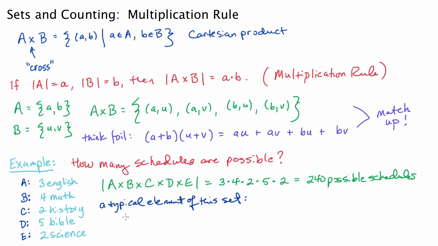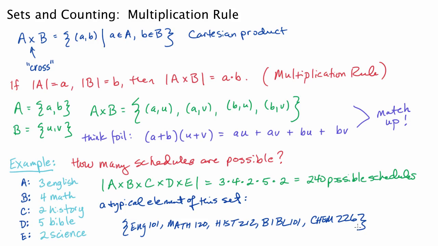You might choose, let's say, English 101 and Math 120, maybe History 212, Introductory Bible course, say BIBL 101, and maybe a chemistry course for your science. So there would be an element of that set. That element would have 5 different pieces to it, but it belongs to this much larger set that's the product of all 5 of those sets.